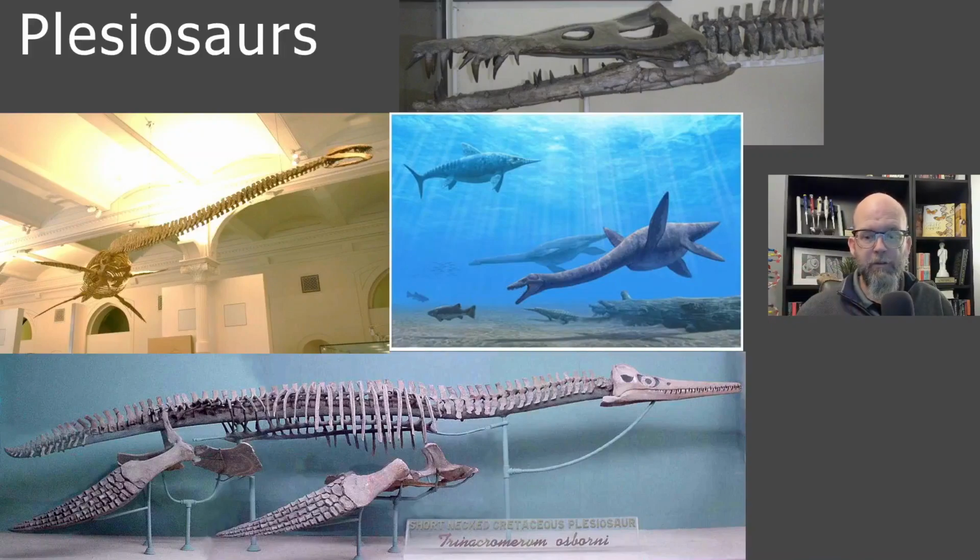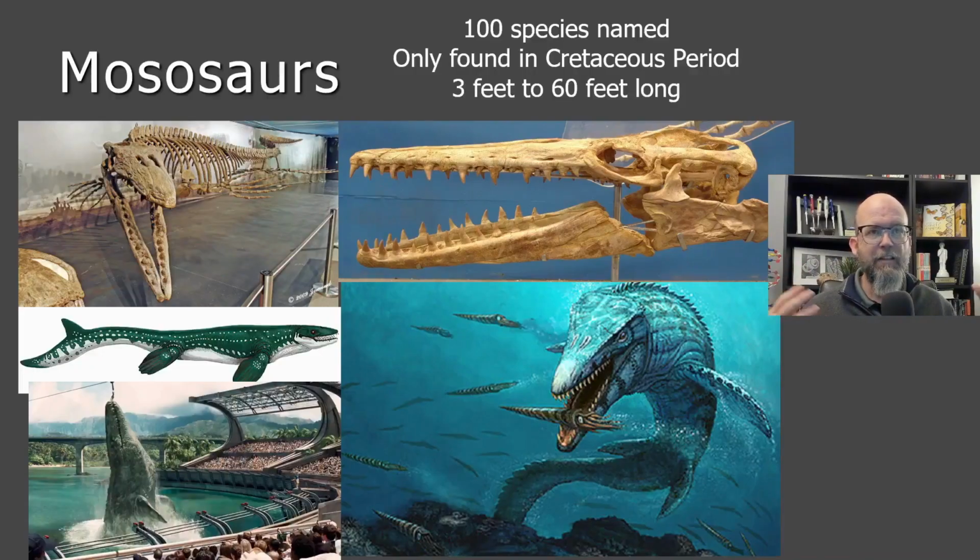Then another 100 species of mosasaurs. Now, the mosasaurs are only found in the Cretaceous. Those prior are found distributed across three different periods. But here we have the mosasaurs, only found in the Cretaceous. We'll look at that in the paleo database. And again, a wide range of various sizes.